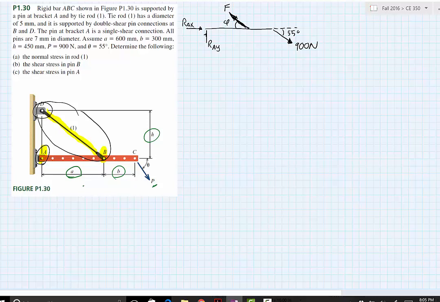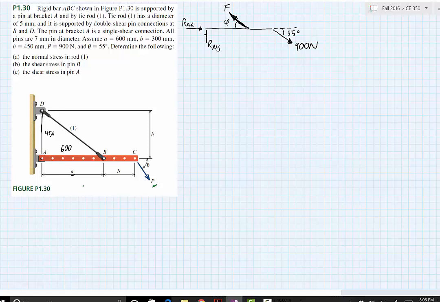The first thing that I want to do is solve for this angle phi. Looking at our actual diagram, if I clean this up a little bit, the distance from A to D is 450 millimeters, and from A to B, this little a is 600 millimeters.